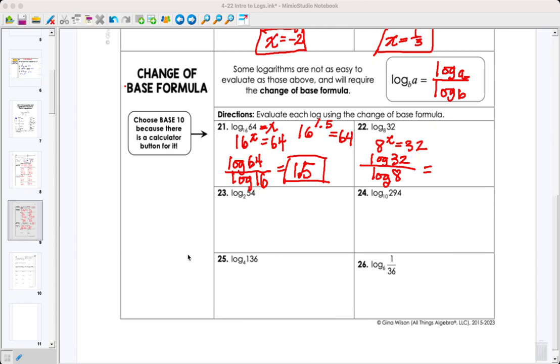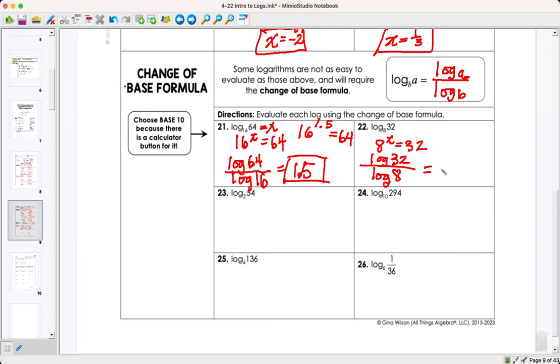Press log 32, close your parenthesis, divided by log of 8. Notice we get a repeating decimal, and we're going to leave it as a repeating decimal here. So I'm going to write that my answer is simply 1.6 repeating.